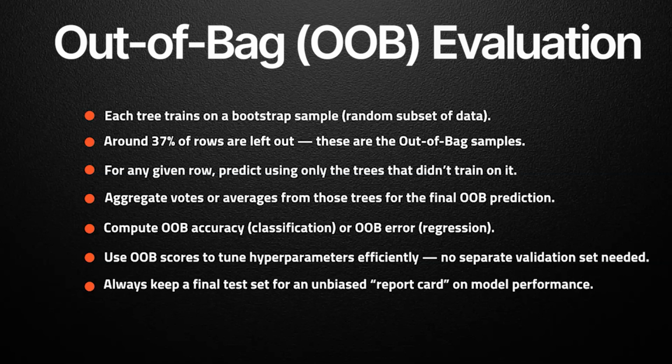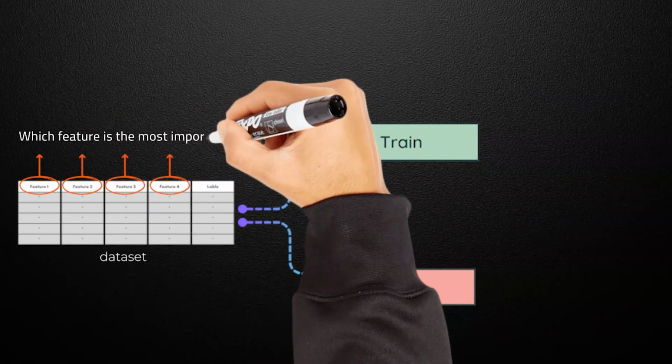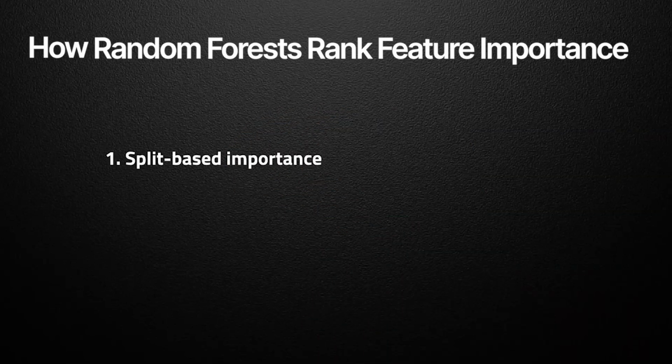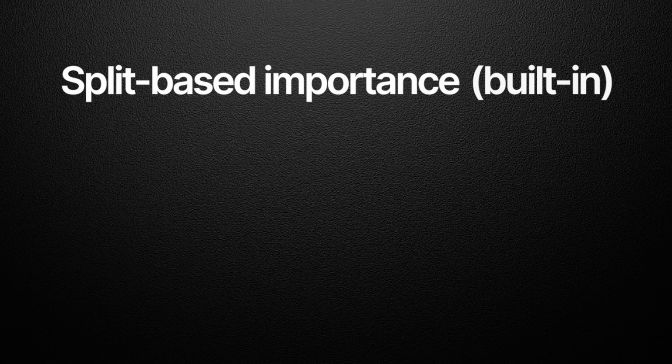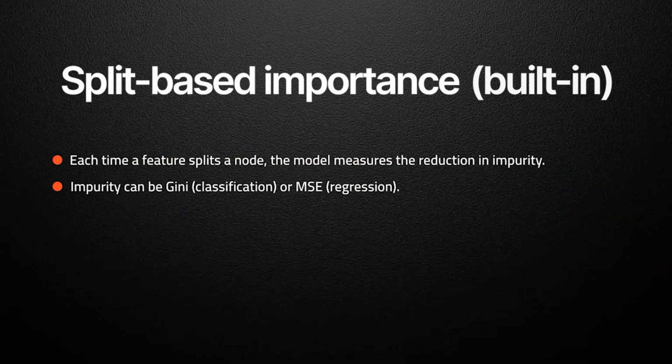In addition to this, a random forest model also has the ability to tell you which features are the most important ones that help with making the predictions. Random forests can rank features in two simple ways. One is split-based importance, which is typically a built-in method, and the other one is permutation importance. In split-based importance, every time a feature is used to split a node, the forest measures how much that split reduces impurity, which could be Gini or mean squared error.